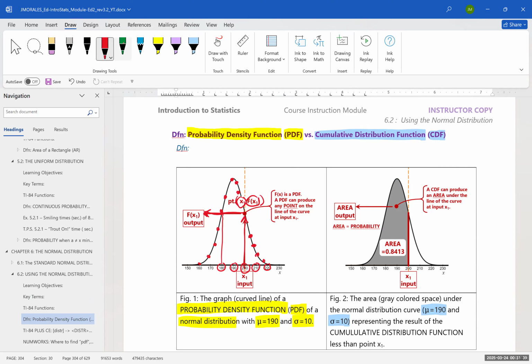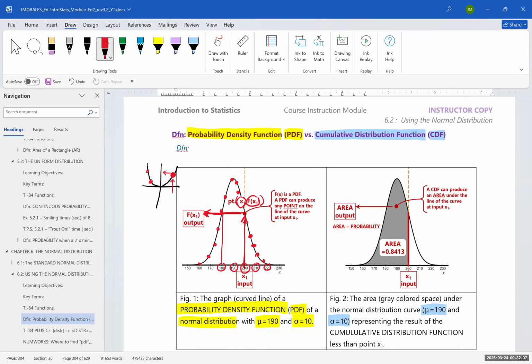And this is actually quite what you're used to. Maybe you haven't done anything like this with normal distributions, but in algebra, you might have had a parabola to graph. And so you could put in values of x and get a value of y out of it, and that would give you this point.